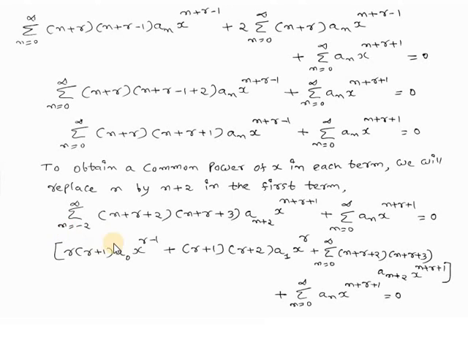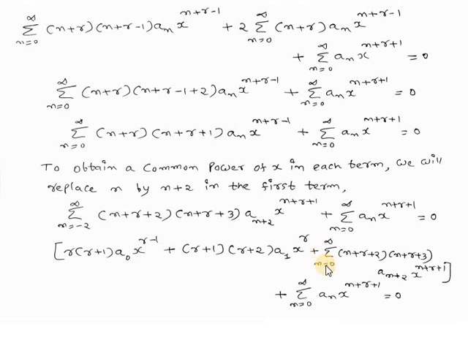Now here n starts from minus 2 and here n starts from 0. So we have to set such that these two start from the same value. So for that, putting n equal to minus 2 in this expression, we will get (r plus 1) a0 x raised to r minus 1. Now putting n equal to minus 1 in this expression, we will get (r plus 1)(r plus 2) a1 x raised to r, plus sigma n equal to 0 to infinite.